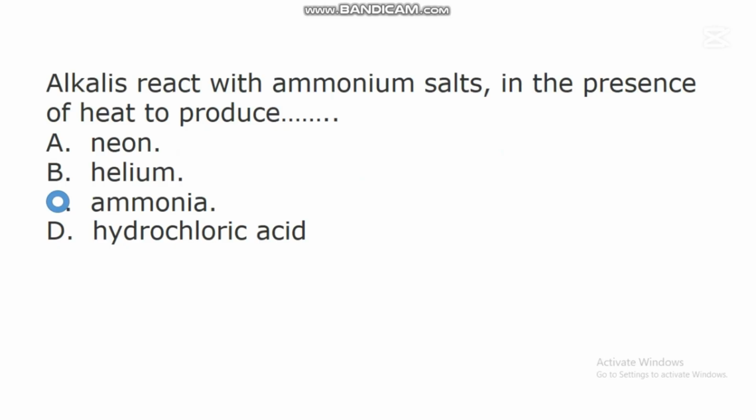Studies have shown in chemistry that alkalis react with ammonium salts in the presence of heat to produce ammonia. When a scientist mixes alkalis with ammonium salt and heats the mixture, the product of this reaction will be ammonia. So ammonia is produced when alkalis react with ammonium salt in the presence of heat energy.